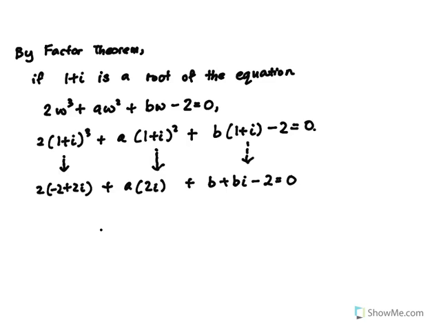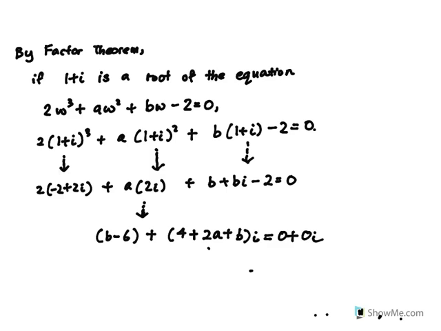Finally, we group the real and imaginary parts together. You're going to get b minus 6 as the real part, and the imaginary part will be (4 plus 2a plus b) i, equals 0 plus 0i.